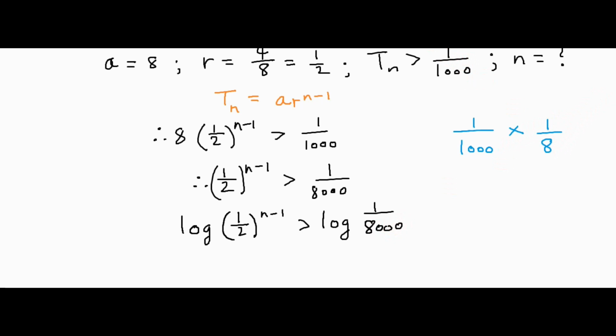And now we're going to use this log rule. The log of a to the m equals m log a. And we can write the n minus 1 here in front of the log by using this rule.